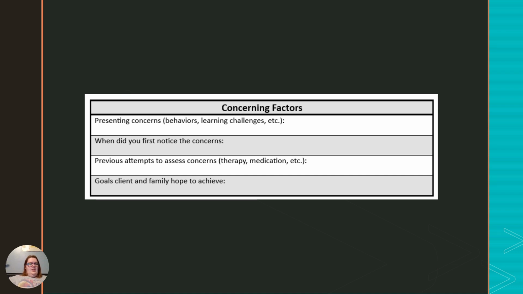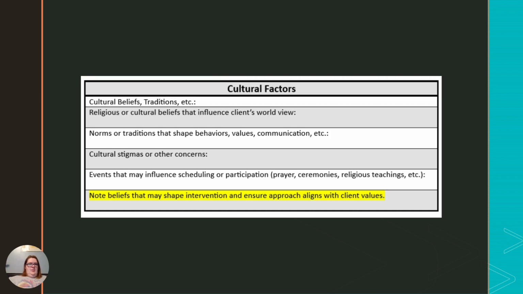The next one is concerning factors. Concerning factors such as learning challenges, note when the family first noticed the concerns, if there's ever been an attempt to assess the concerns, and the goals that they hope to achieve during this process. The next box is the cultural factors.